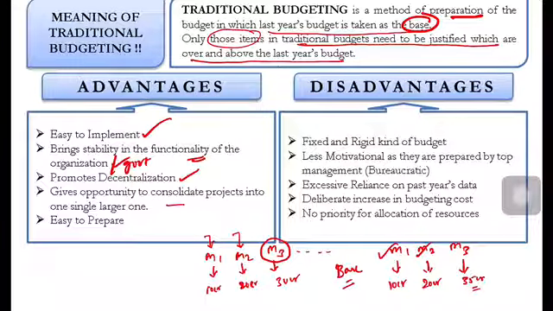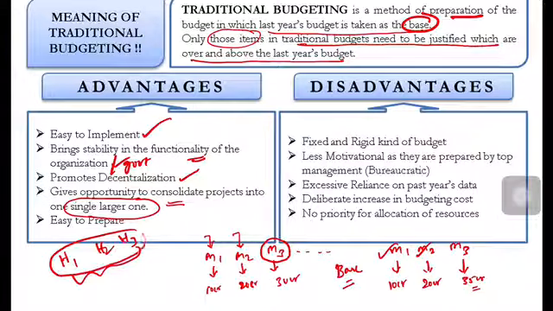And it gives an opportunity to consolidate projects into a single larger one. If every time you are doing the same thing, consolidation will happen. For example, you are studying history book 1, history book 2, history book 3. Every time you study these books, then one fine day you will consolidate all these things and bring together your history knowledge.